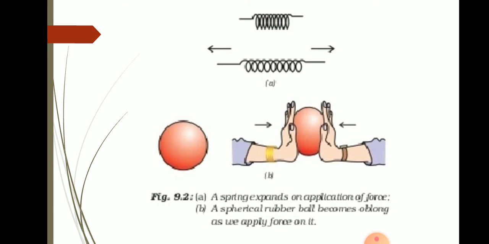It changes its shape and size. So these are all the effects of force on an object, where we can feel this effect of force. We can see the changes on an object when the force is applied. So these are the effects of force.